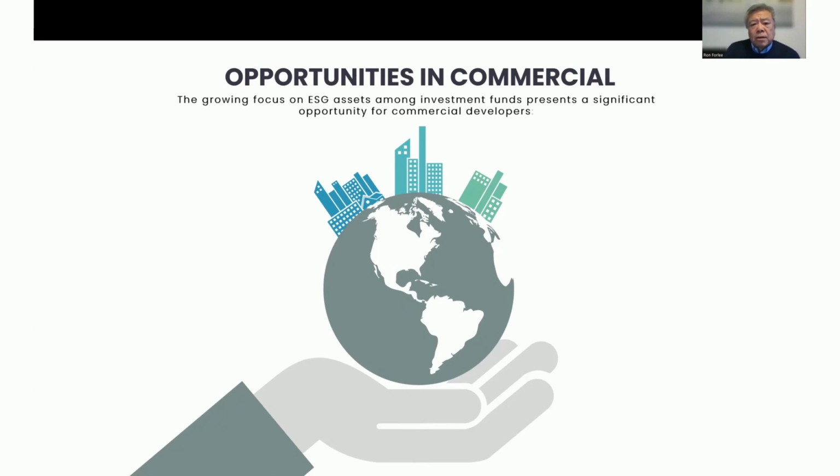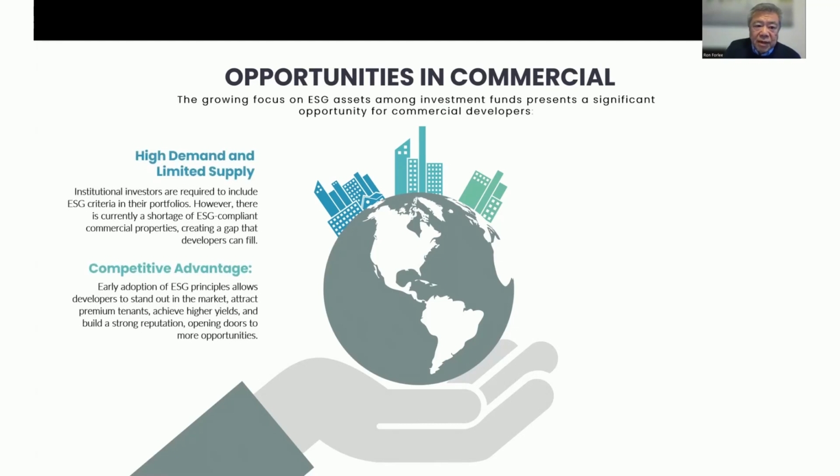So what is happening is that a lot of these pension funds allocate anything between 5 to 10% or more, even 20%, of the total portfolio towards ESG assets.